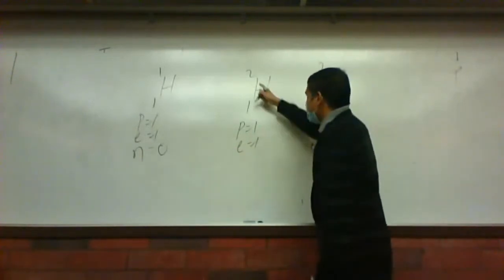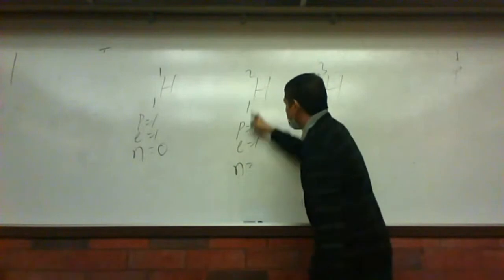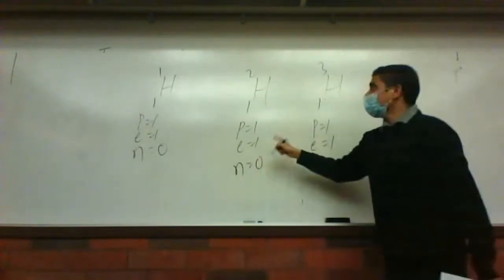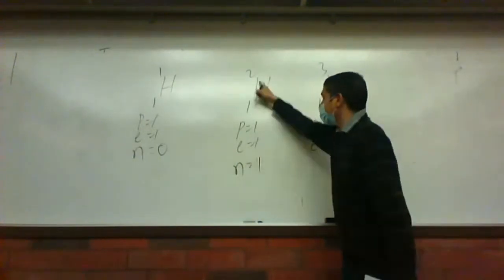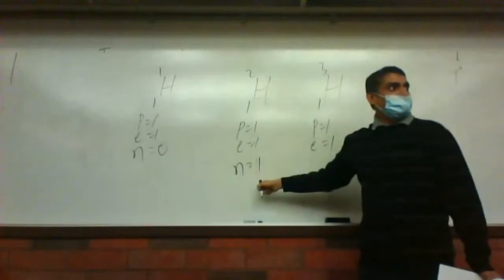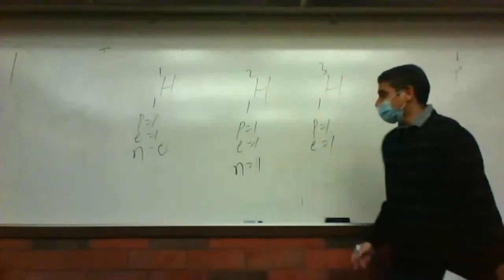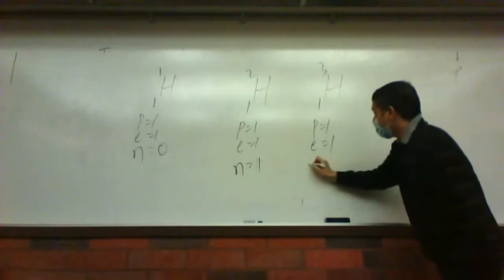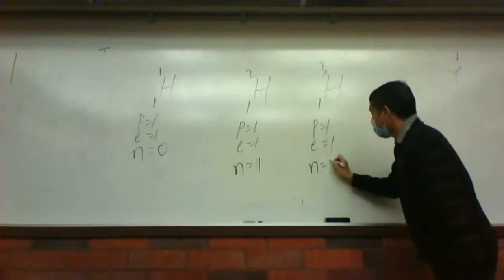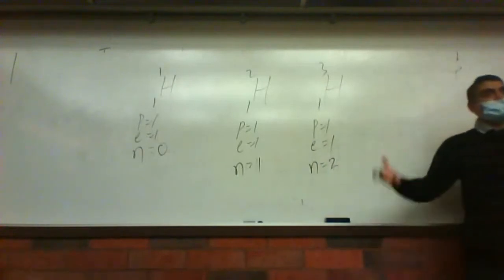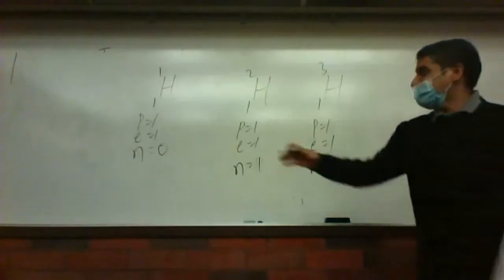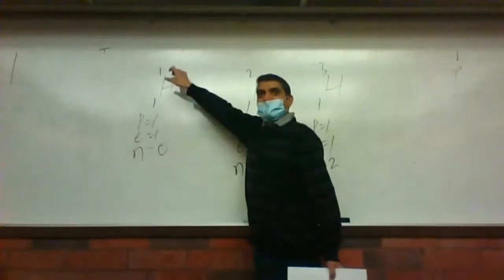They call it deuterium. The number of neutrons here is 2 minus 1, sorry, 2 minus 1 is 1. Some of the hydrogen has 1 neutron. And here, some of the hydrogen has 3 minus 1 is 2. Most of the hydrogen in nature is the 1 proton, 1 electron type.